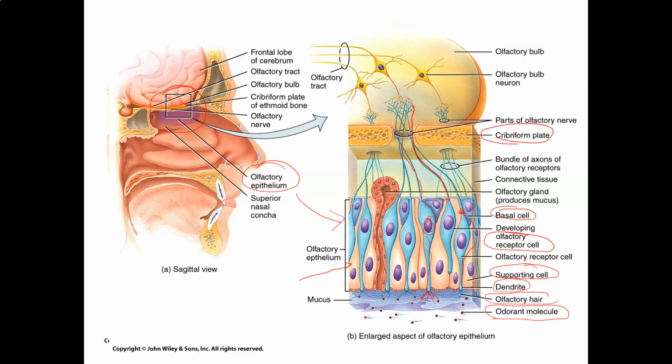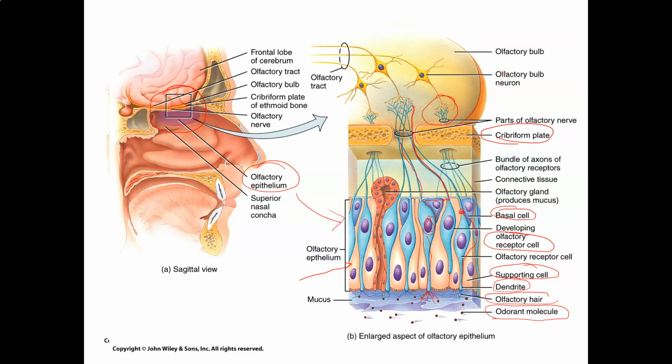I'm hoping you remember that from the ethmoid bone when we did the skull. It had a part with lots of little holes in it, called olfactory foramina, and that's where the olfactory receptor axons go up through. So that's how they get through the ethmoid bone. And then notice how they come up here into what's called the olfactory bulb. I'll show you another view of it in a minute.